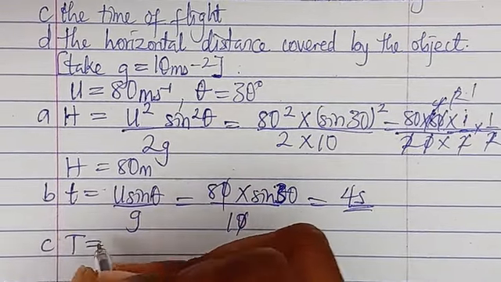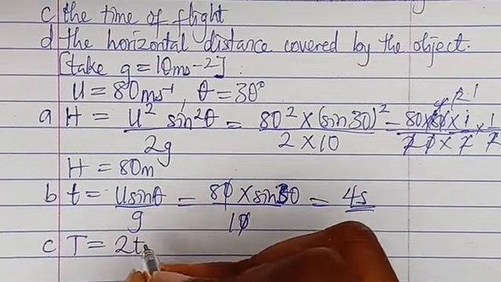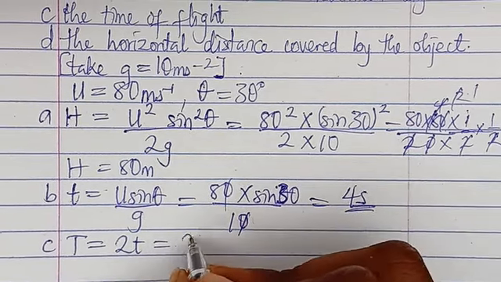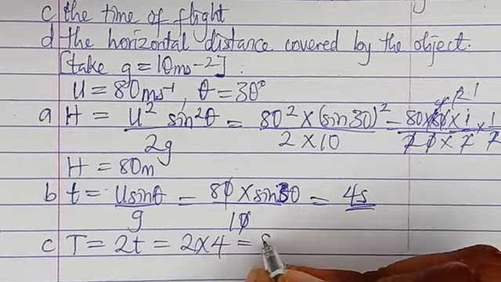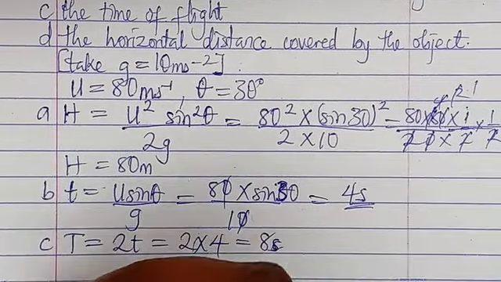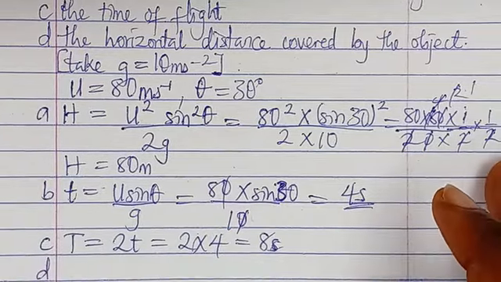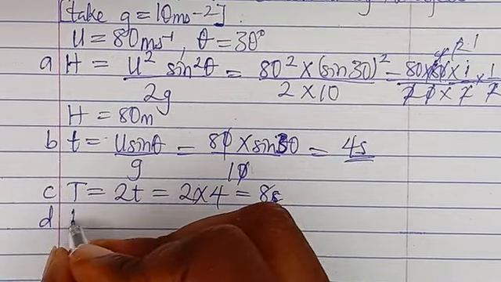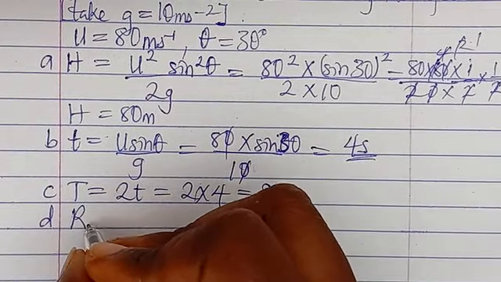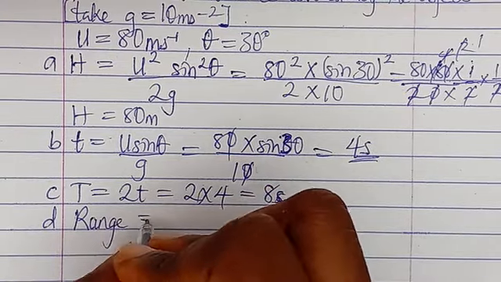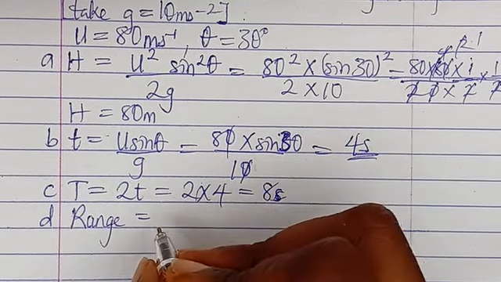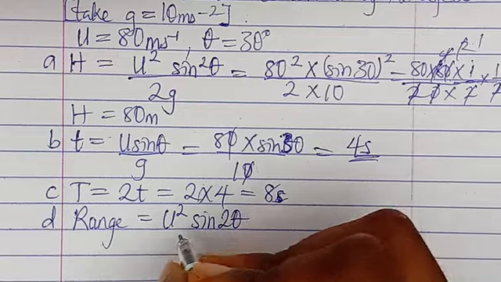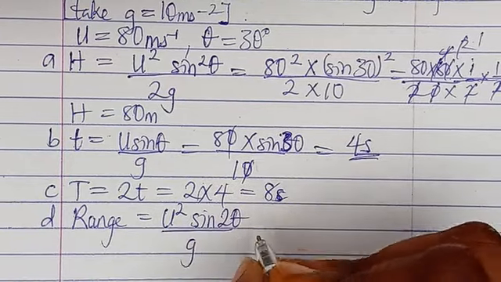So we have that the time of flight, capital T, is 2 times the time taken to get to maximum height, which is 2 times 4 seconds, which is 8 seconds. And then finally, we solve for the horizontal distance, otherwise known as the range. So range, capital R, is equal to u squared sine 2 theta over g.